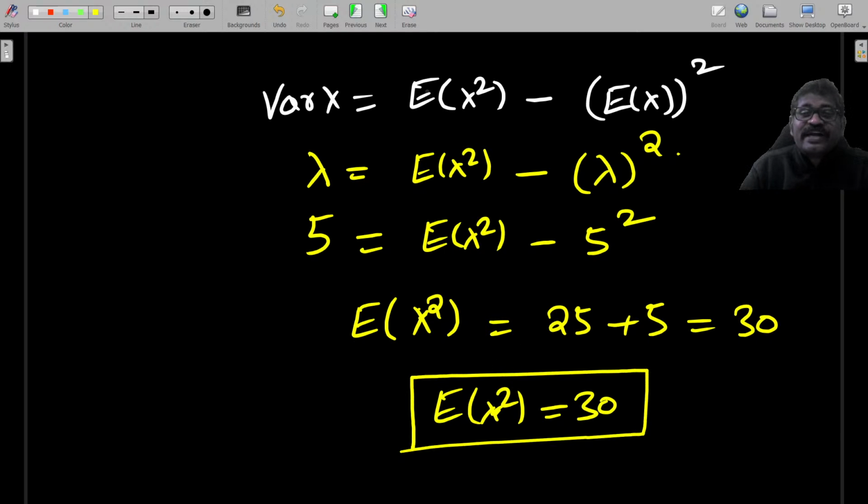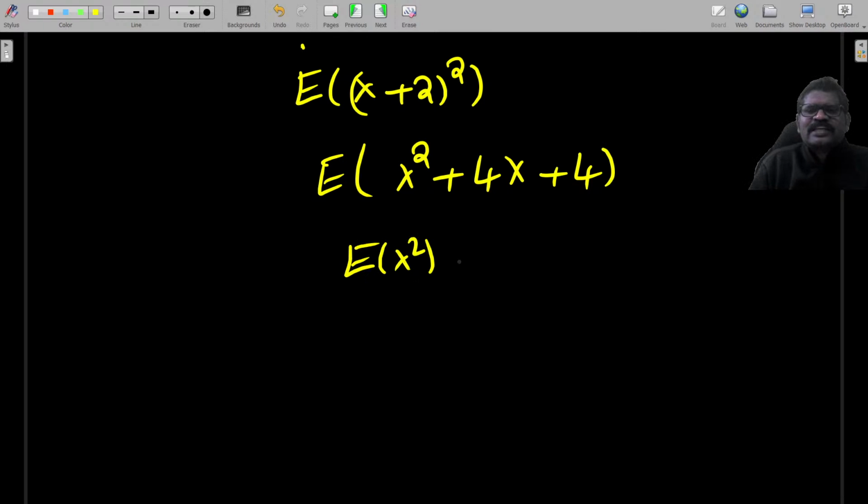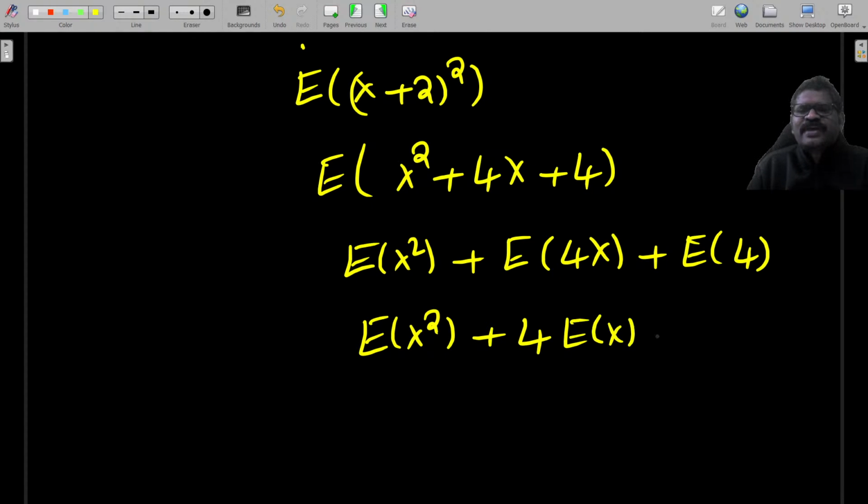Now we have to find E of x plus 2 whole square. Expectation of x plus 2 whole square, that is x square plus 4x plus 4, is expectation of x square plus expectation of 4x plus expectation of 4. Expectation of 4 into x is 4 into expectation of x, and expectation of 4 is 4.